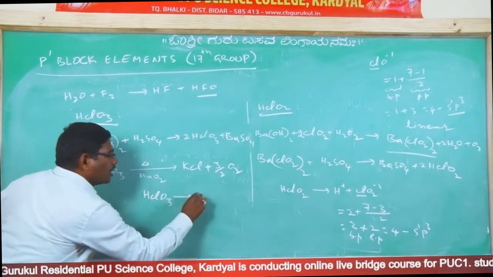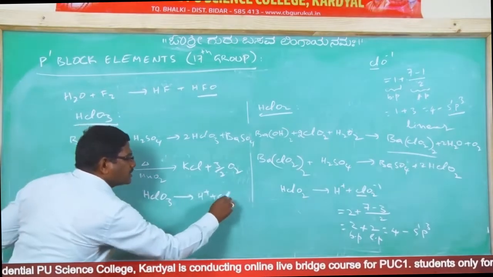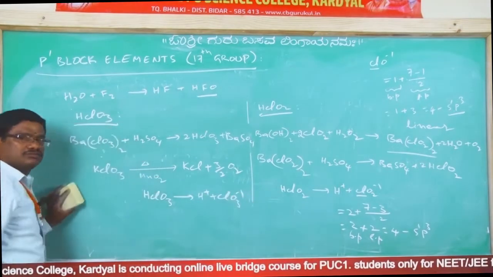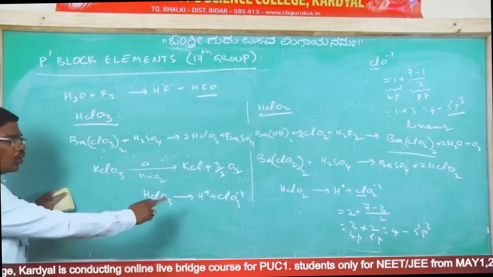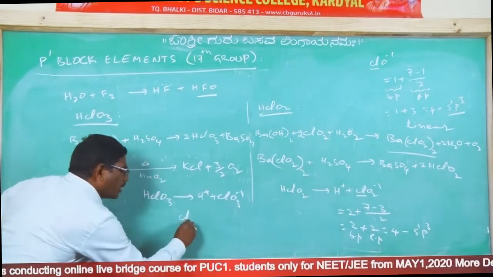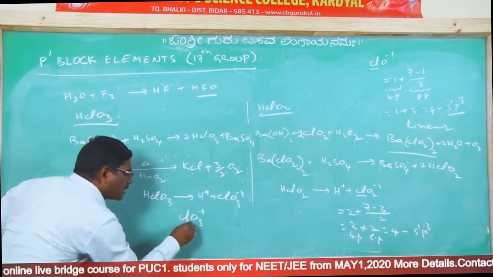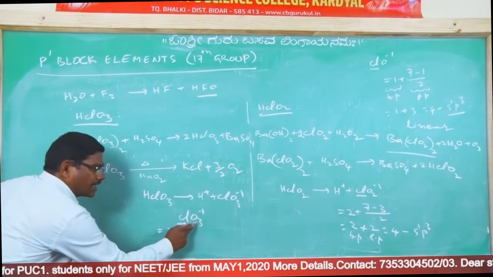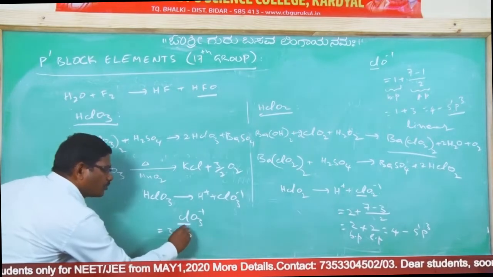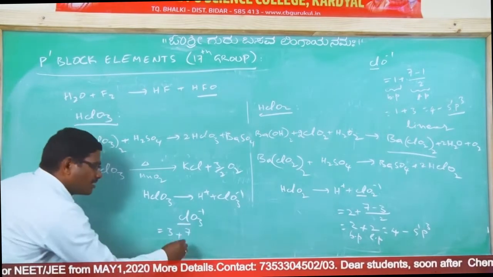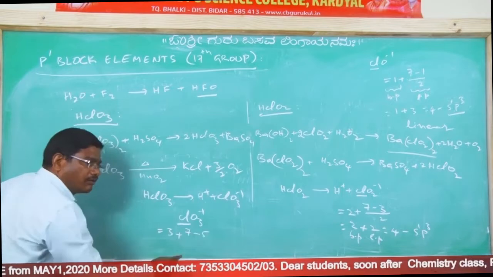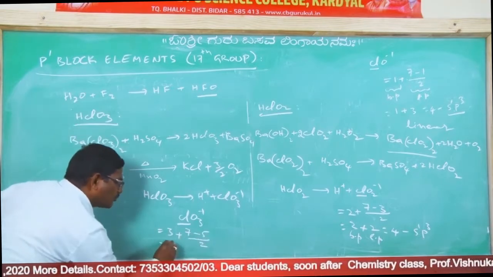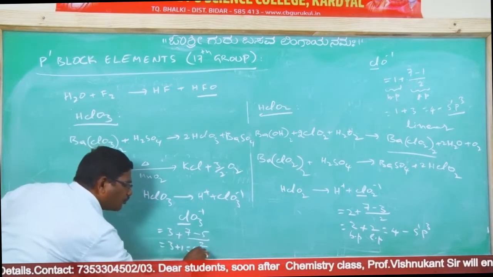Now this chloric acid, HClO3, ionizes to H plus and ClO3 minus, the chlorate ion. Now in chlorate, the central atom is chlorine again. Around the central atom 3 atoms are attached, plus the group number of chlorine is 7, oxidation number of chlorine is 5, divided by 2. Therefore 3 plus 1, total 4.